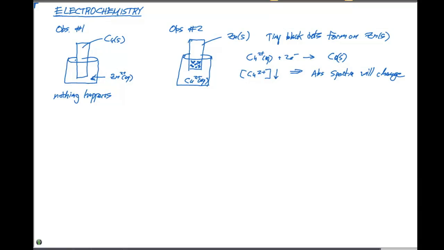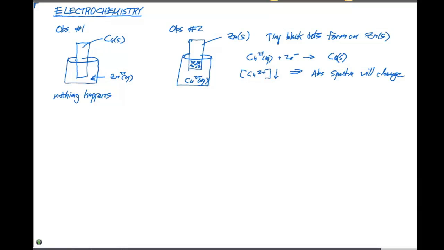We can do the same thing in the zinc case, because when we look at these particular reactions, we talked about the law of conservation of energy in the thermodynamics unit. What we also have to conserve is the number of electrons. We can't just create them out of thin air. So if this copper 2+ gets converted to copper solid, we need 2 electrons.